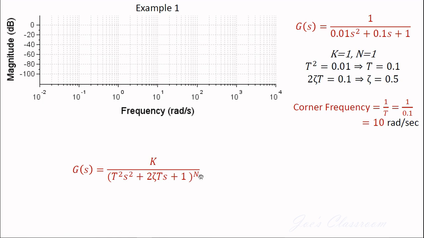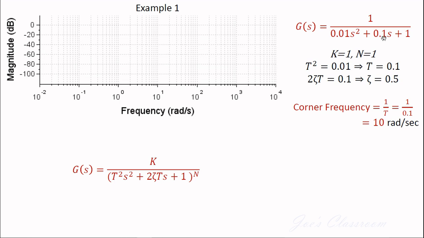If I do the comparison, I find that k is equal to 1 and n is equal to 1. And t square is going to be 0.01, which means that t is equal to 0.1, and 2 zeta t is equal to 0.1. From that I get zeta as 0.5. Obviously, zeta is between 0 and 1, and therefore this is going to result in complex poles, which we have to ensure at the beginning itself.